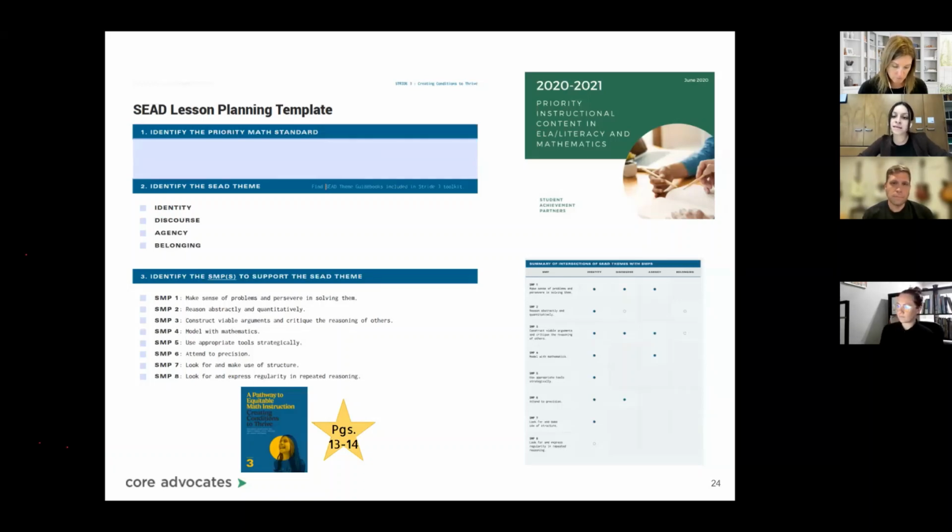And again, in this slide, there is that intersection of the SEL themes in accordance to the standard for math practice that's laid out in the table in the Stride 3 document. However, you can decide on your own if you feel like your lesson would work well with a specific standard for math practice as well as a SEAD theme.